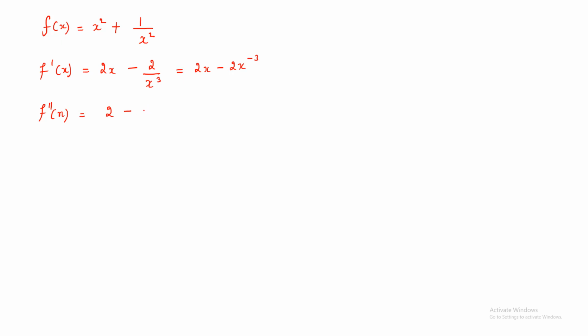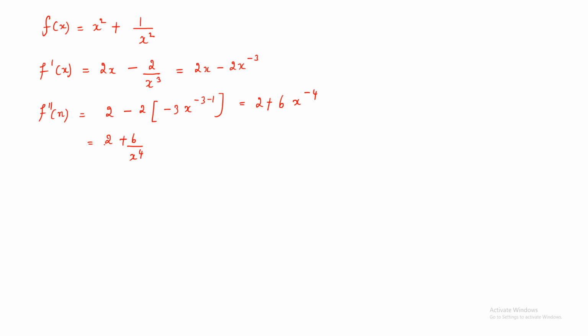If we differentiate this, minus 2 into minus 3 x power minus 3 minus 1, so minus into minus will give us plus 6 x power minus 4. So the value that we will get is 2 plus 6 by x power 4, right?